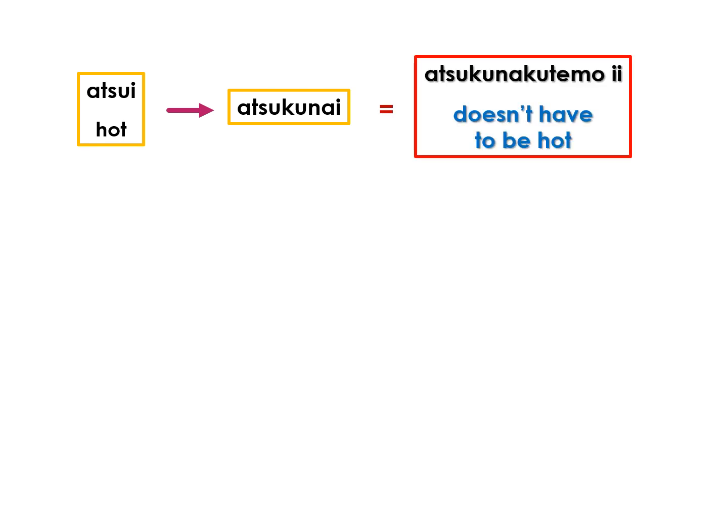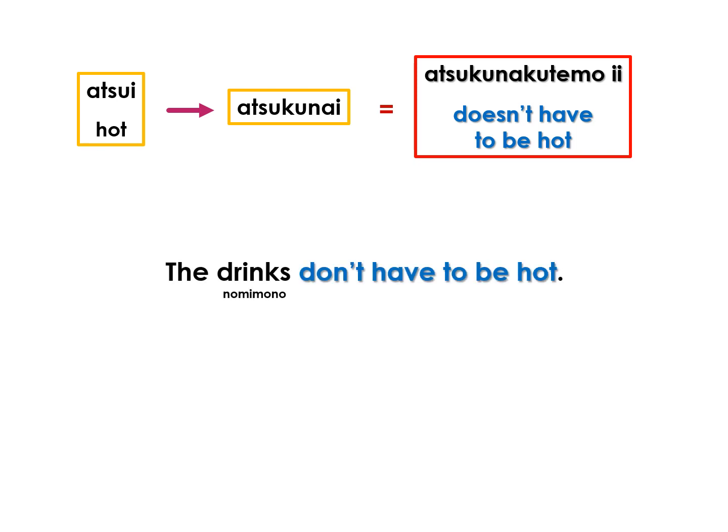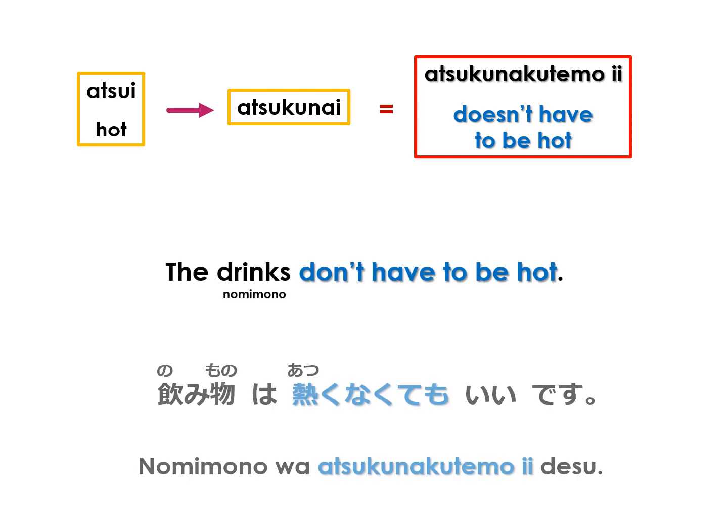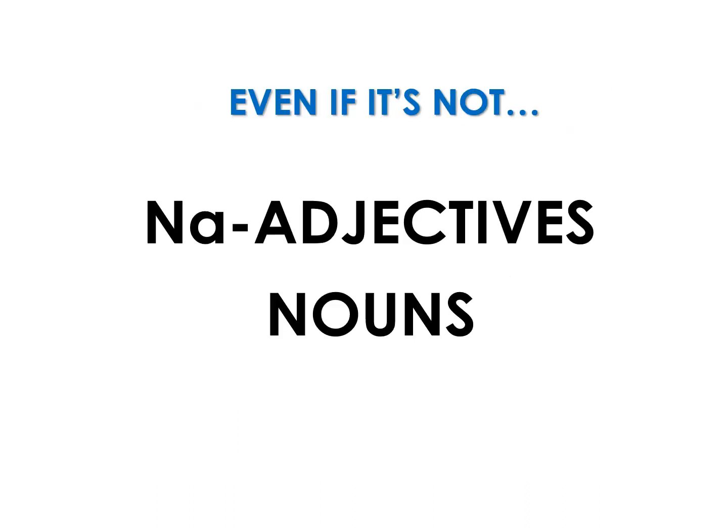From there, we form atsukunakutemo ii, which means it doesn't have to be hot. The drinks don't have to be hot. In Japanese, 飲み物は熱くなくてもいいです。Now let's look at the case for na-adjectives and nouns.